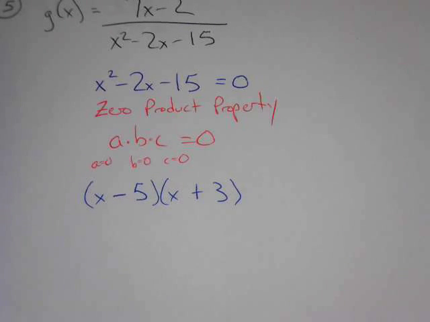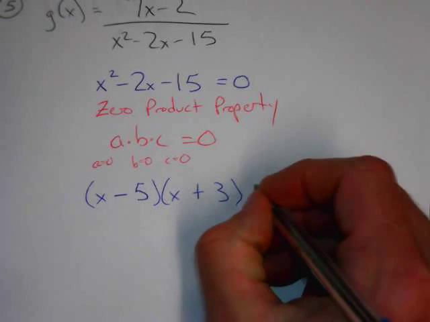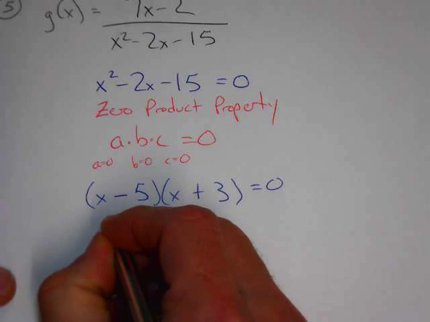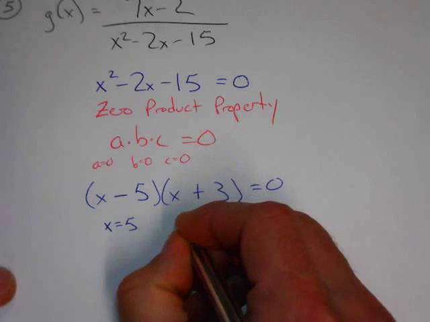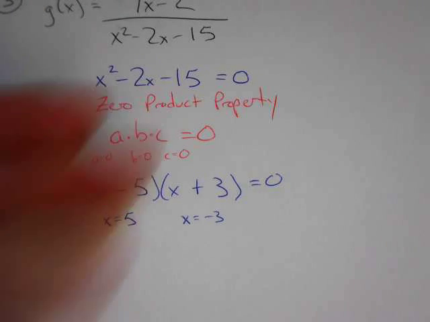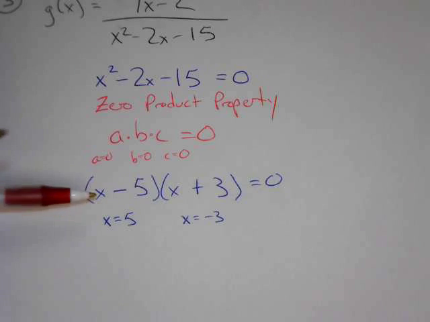If we were to multiply those two things out, we would have our expression here. So we have factored that out. It's going to equal 0. So then what would be the solution? That means in this case, x would be 5 here, and x would be negative 3 here. Because if x were 5, it'd be 0. If x were negative 3, it'd be 0. Or just solve each one for x.